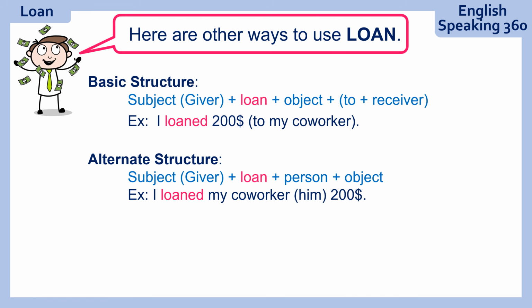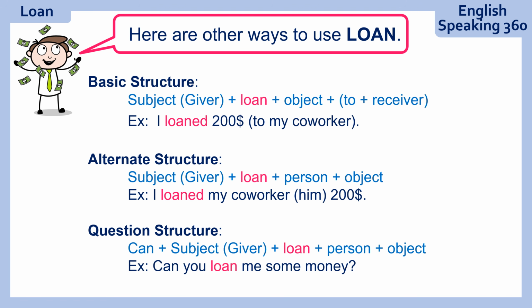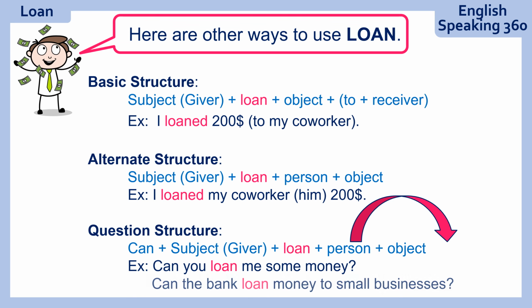I loaned my coworker $200, or I loaned him $200. The question structure, right here, can you loan me some money? Or you can switch the person around and put it at the end of the sentence, and that will become, can the bank loan money to small businesses?